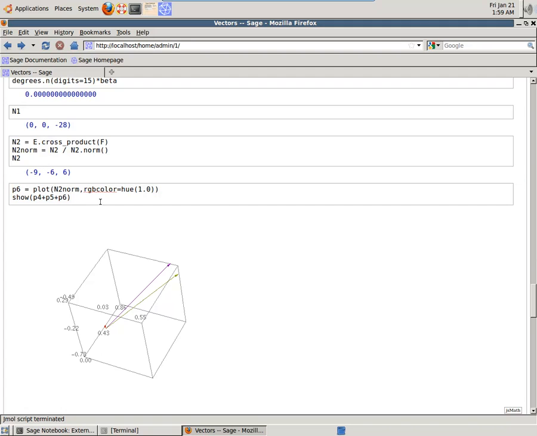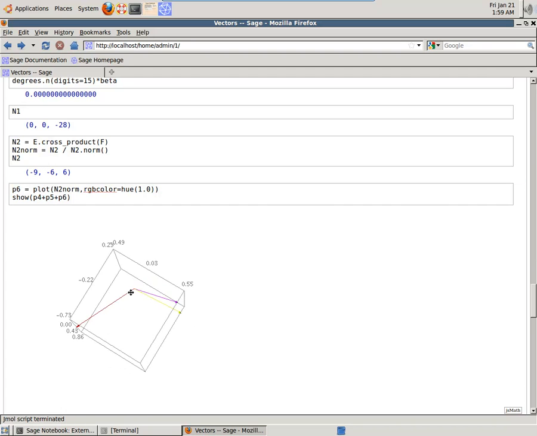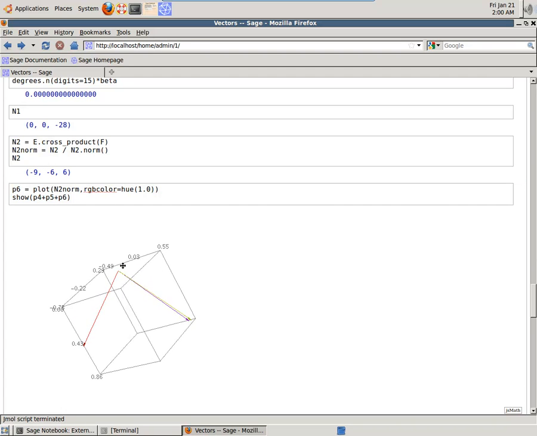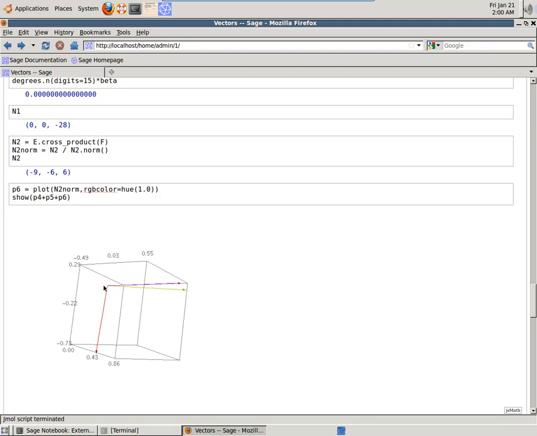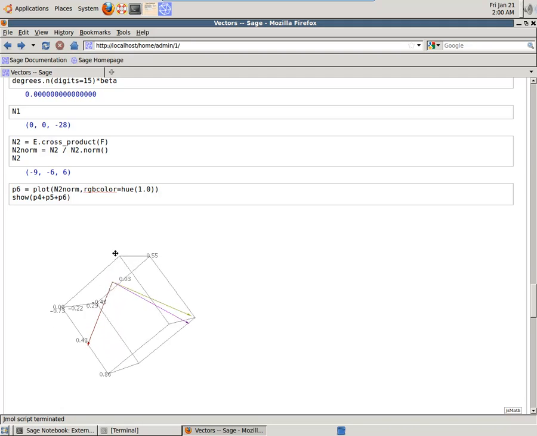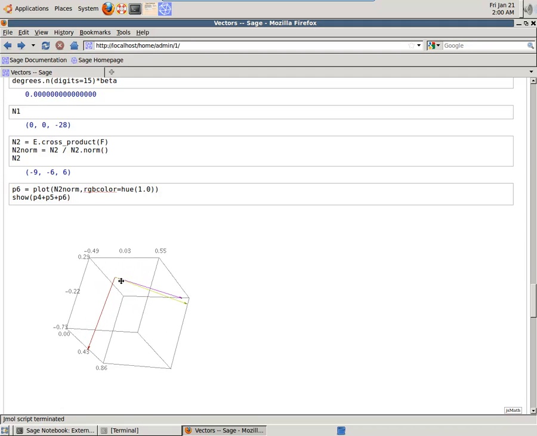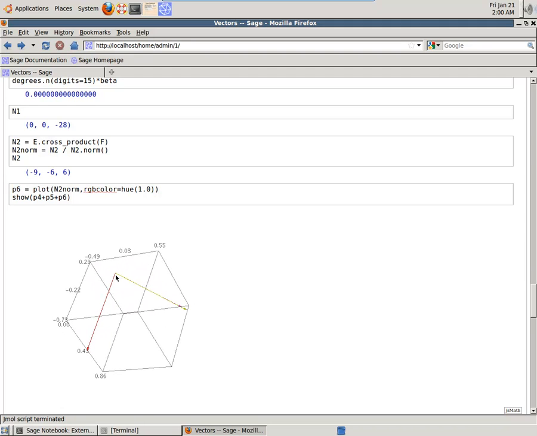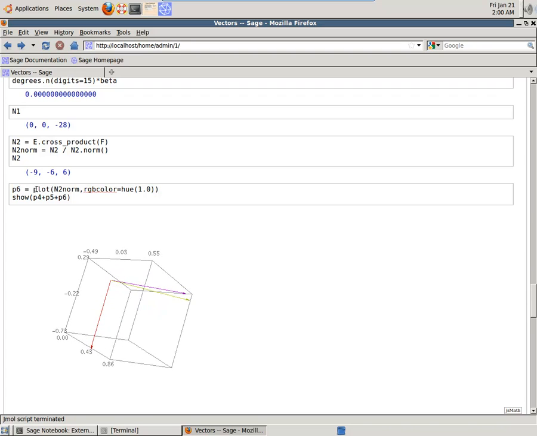And that's what we're getting here. So when we do a cross product on it, we also get pretty values for it. That's very nice. And so we're going to use that for doing our manipulations here. So we end up with negative 9, negative 6, 6 for this vector here for our normal, and we just called it N2.